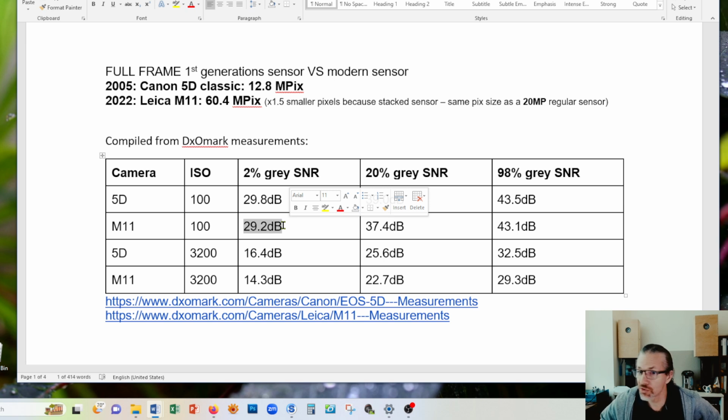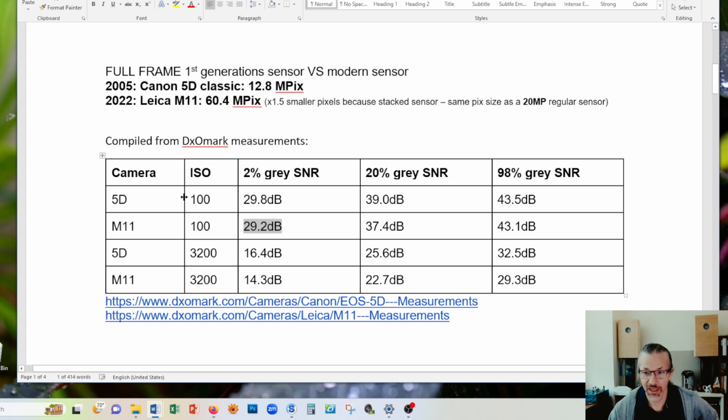So those lowest 2 bits will be pure noise and useless, containing no information at ISO 100 with this amount of light hitting the sensor. And at the highest setting we also have a 0.4 dB difference.